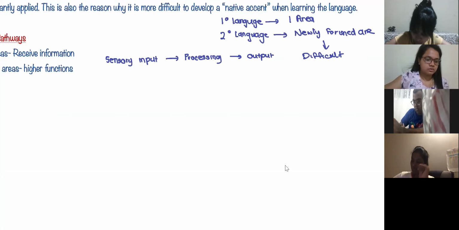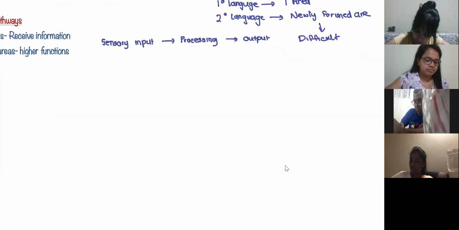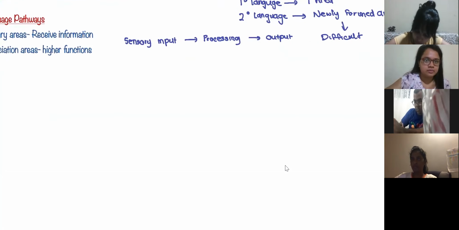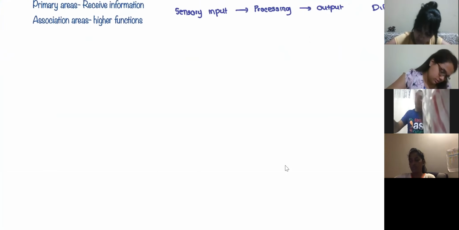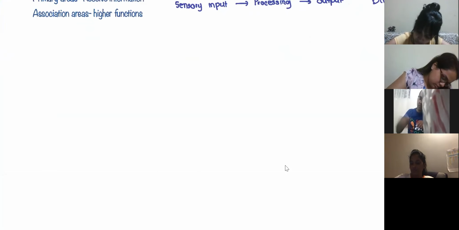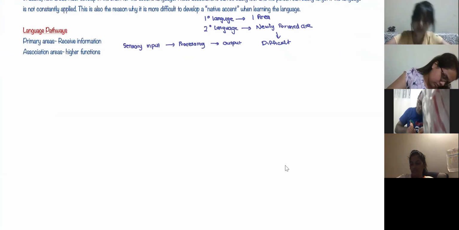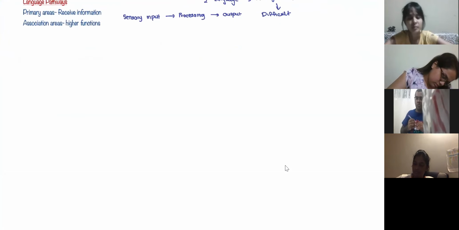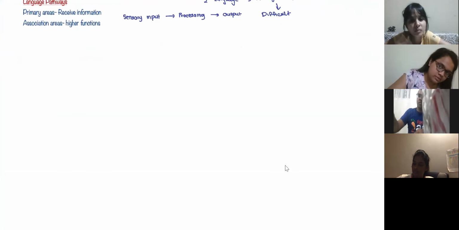This is basic knowledge. There has to be a sensory input, processing, and output. So for language also, it's the same thing. Let me draw the brain like this.